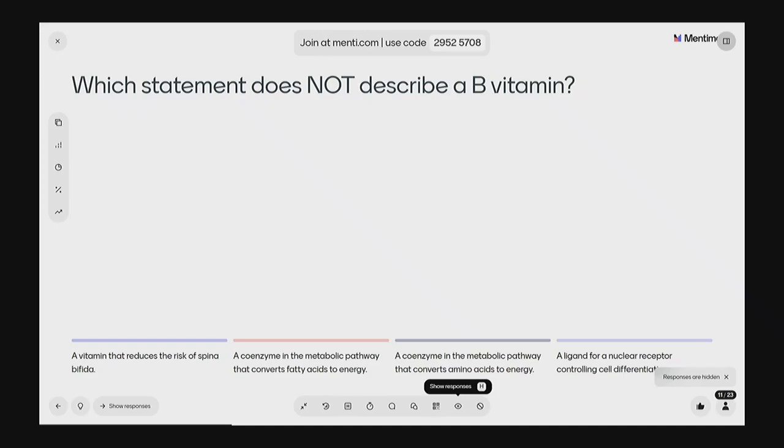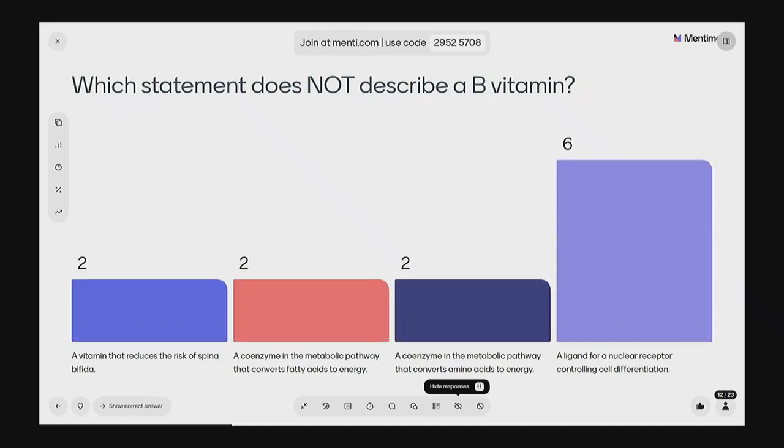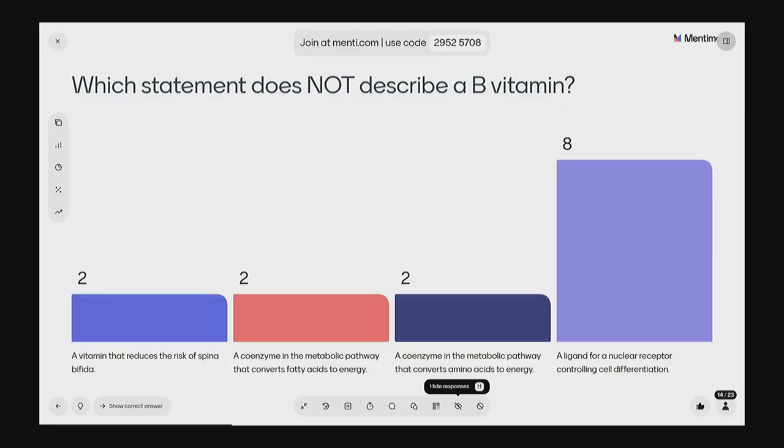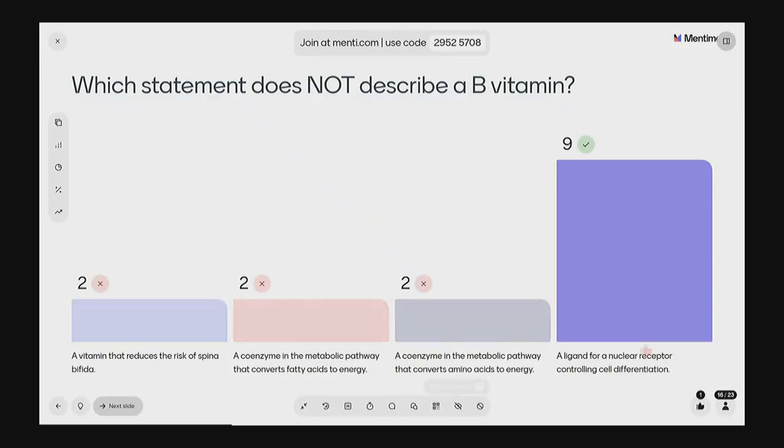Okay, let's show the responses. This is a pretty divided one. The correct response is a ligand for a nuclear receptor controlling cell differentiation.